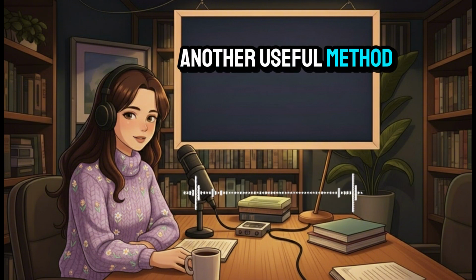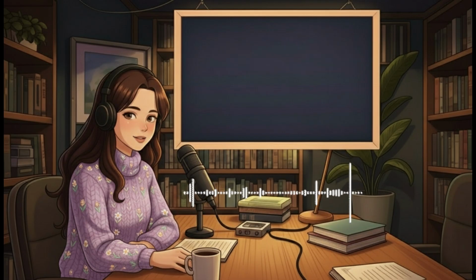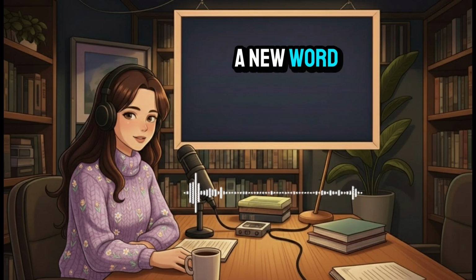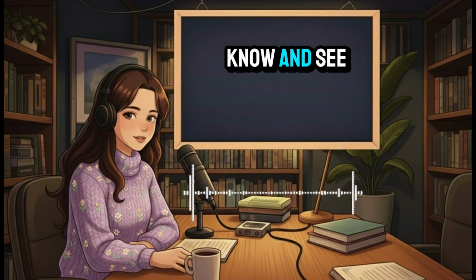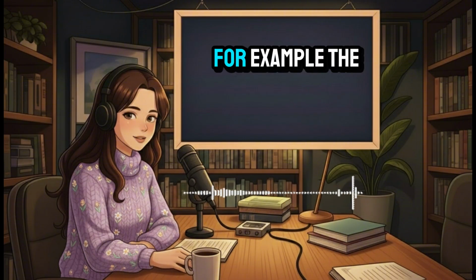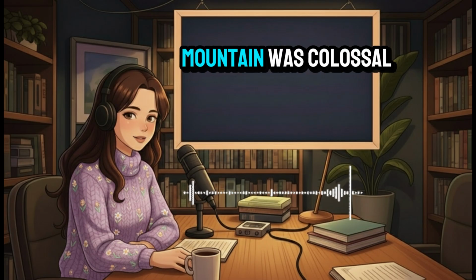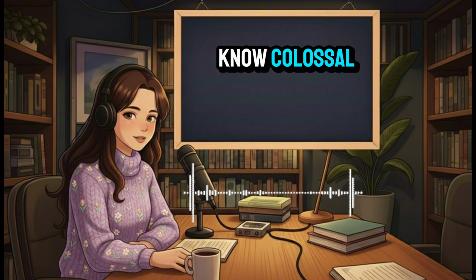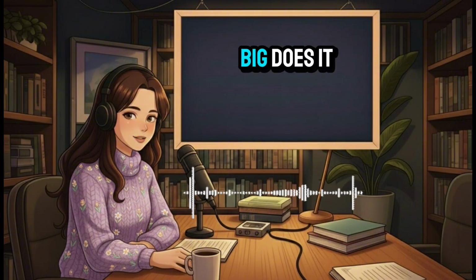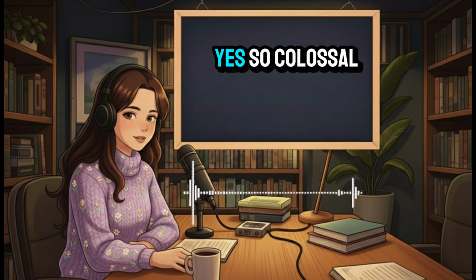Another useful method is substitution. When you hear a new word, try to replace it with another simple word you know and see if it fits. For example, the mountain was colossal. Maybe you don't know colossal. Replace it with big. Does it fit? Yes.